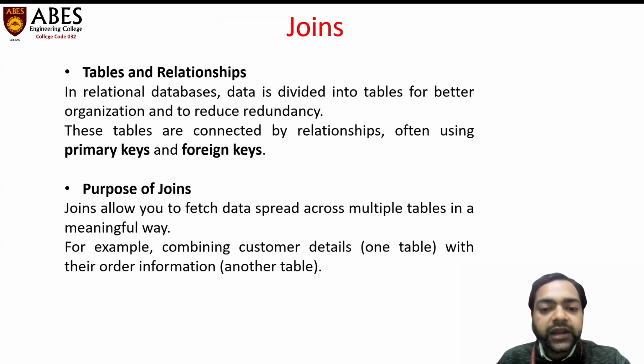Now, these tables are connected by relationships, often using primary and foreign keys. We have understood the concept of primary and foreign keys, and when we discussed foreign keys, we understood that a foreign key will be used to combine multiple tables. Now, what is the purpose of join? It allows you to fetch data from multiple tables in a meaningful manner, for example, combining customer details with their order information.